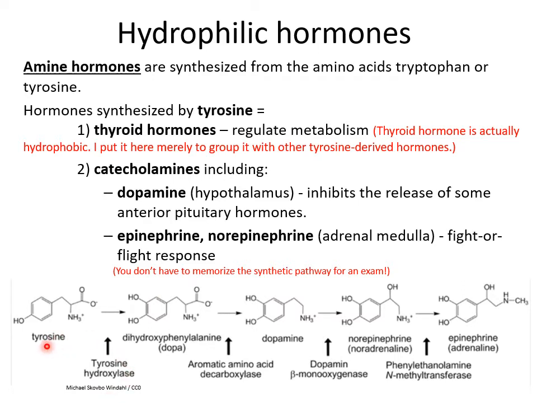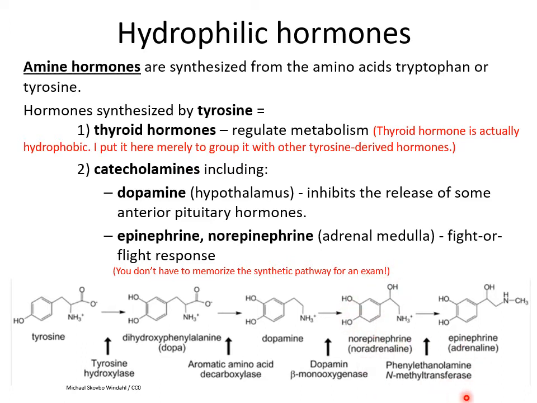So tyrosine hydroxylase will modify the tyrosine to produce dihydroxyphenylalanine, which is otherwise known as DOPA. And then we have an aromatic amino acid decarboxylase, which will convert the DOPA into dopamine. And then dopamine beta monooxygenase will convert it into norepinephrine.